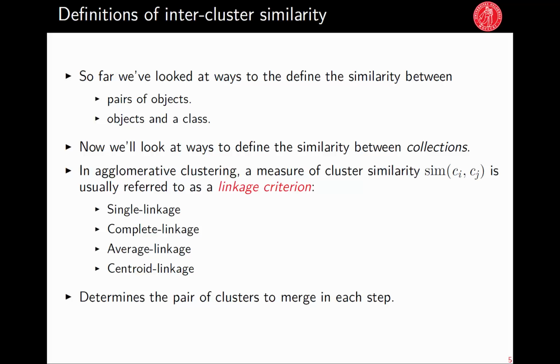And we'll be quickly going through the four main similarity measures that are typically used when performing agglomerative clustering, bottom-up clustering. These are known as so-called linkage criterions. Single-linkage, complete-linkage, average-linkage, and centroid-linkage are the names of these four similarity measures that we'll look at.